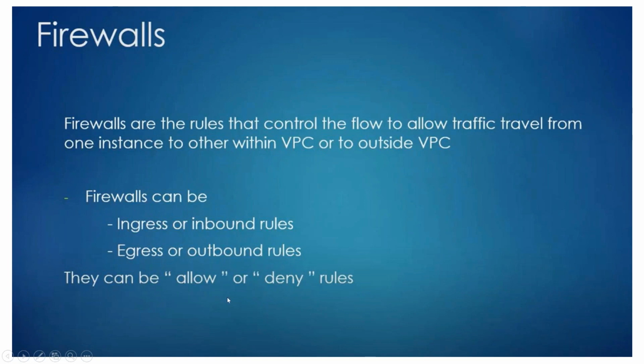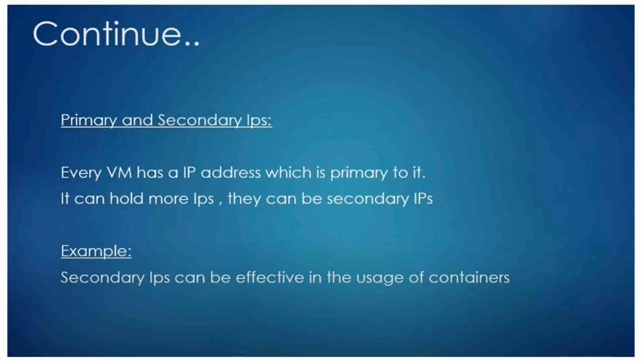They can be allow and deny rules. When we create a VPC, if you want to allow the traffic, we need to configure ingress. We'll see that once we create the VPC. These are the things available.